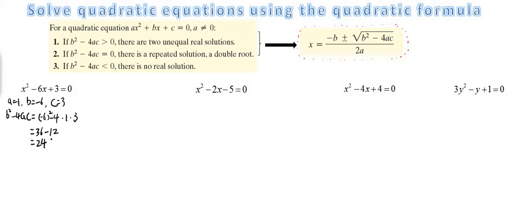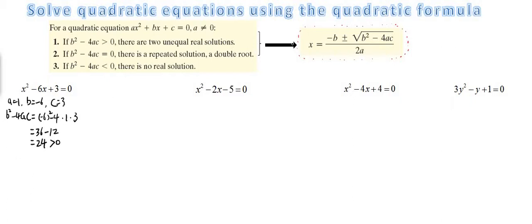And we know 24 is greater than 0. That means we have two solutions, which satisfies the first scenario. Now what is the solution?